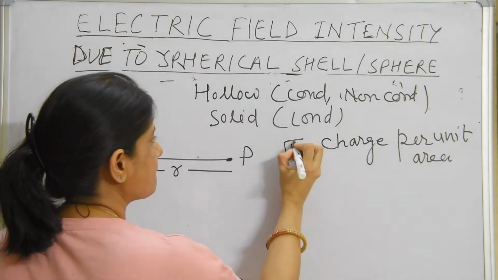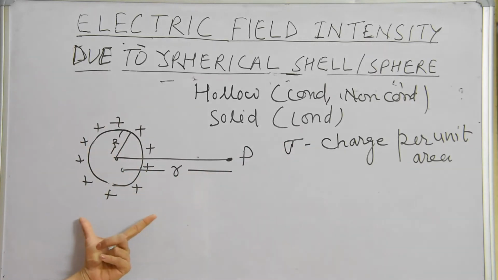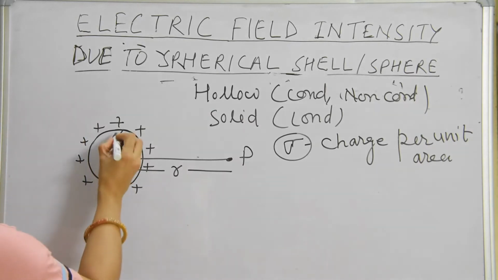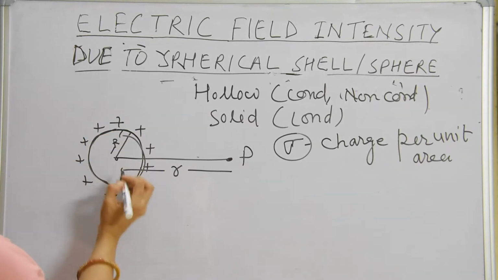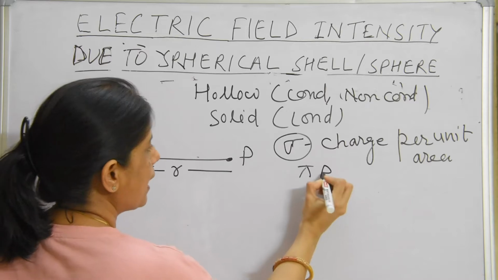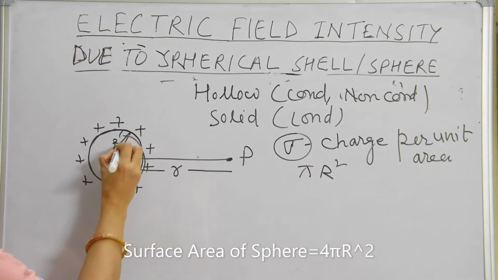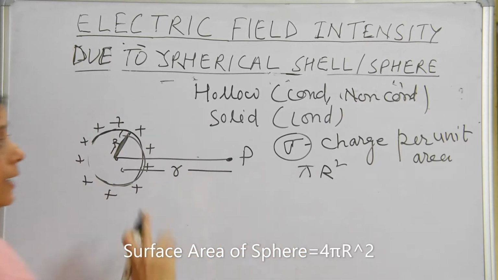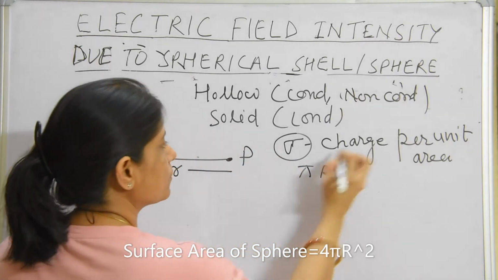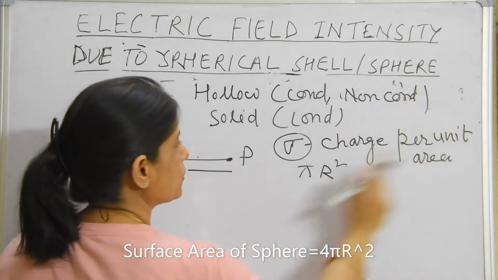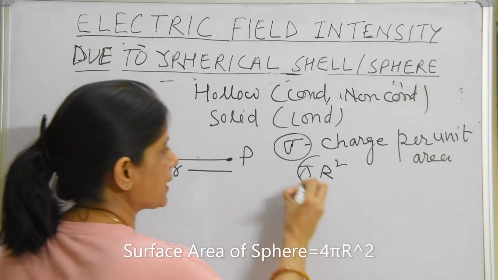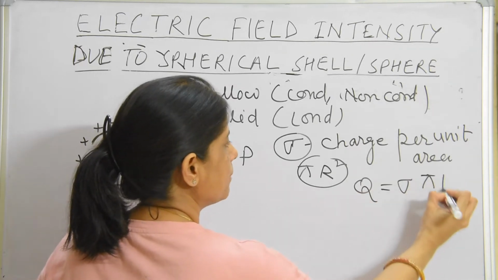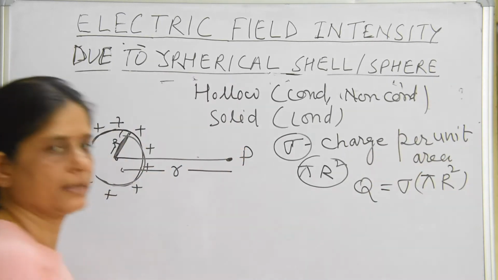We know that this whole area is pi r square, so in this area pi r square, the charge would be sigma pi r square. This we have calculated.